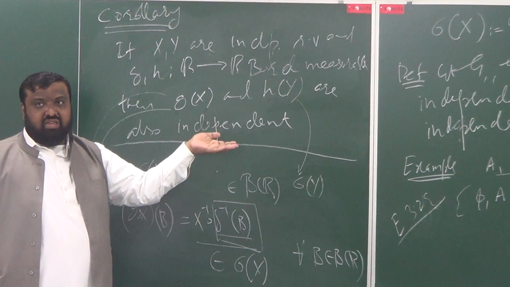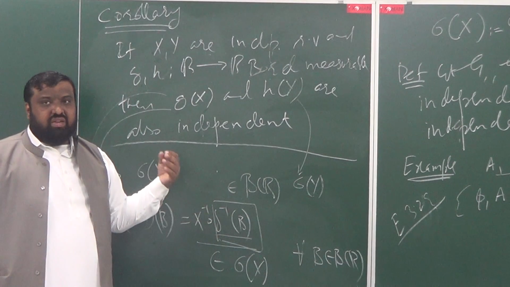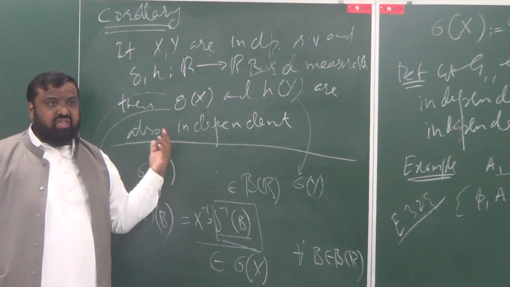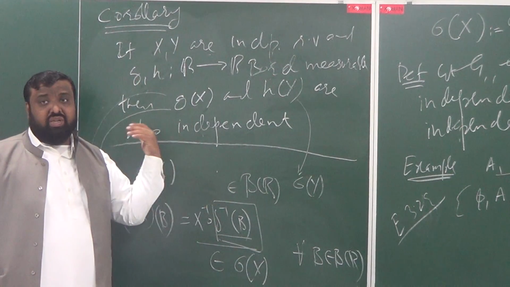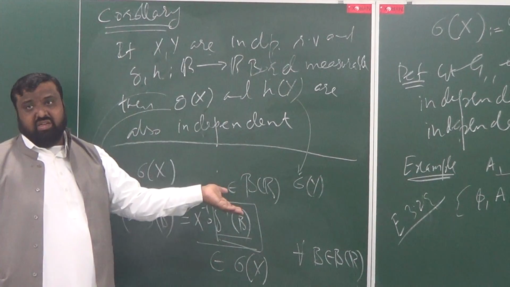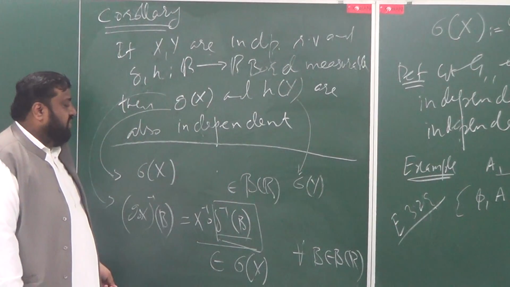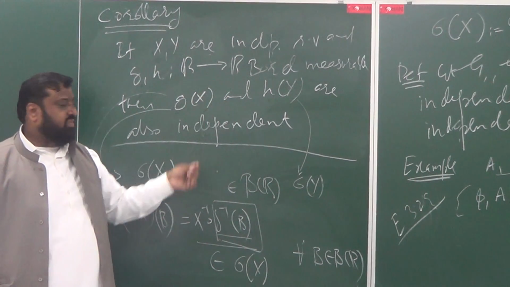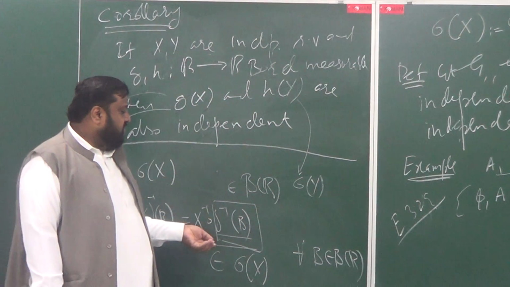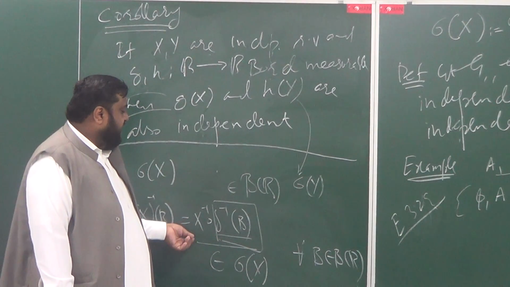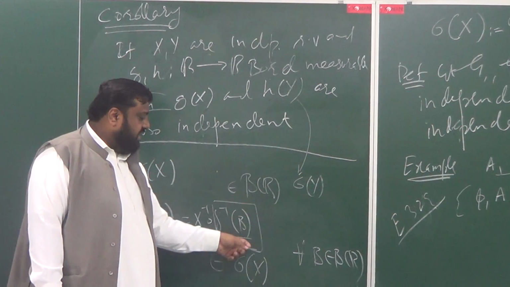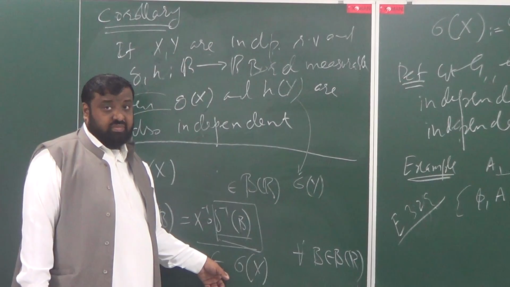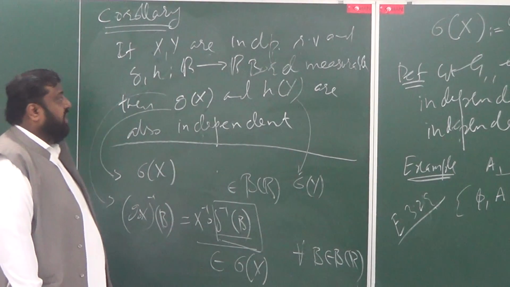Every random variable is measurable with respect to its generated sigma field. This also follows from the definition: the X inverse of the Borel set belongs to the sigma field, and similarly you can do this for Y.